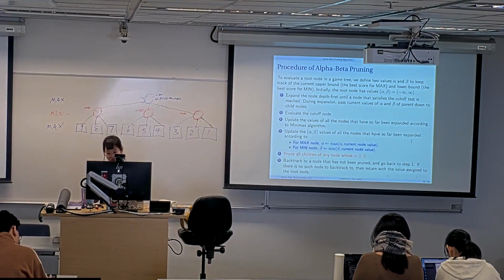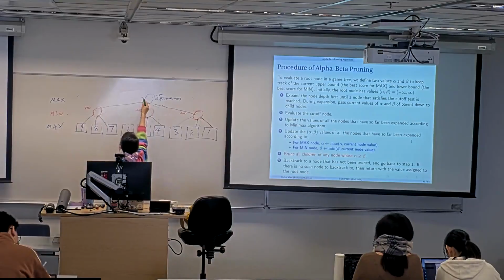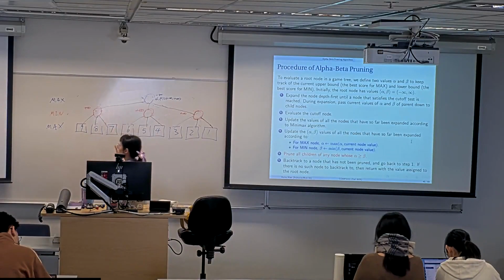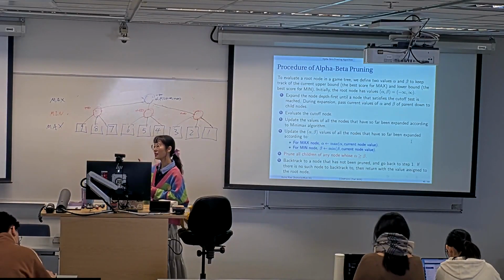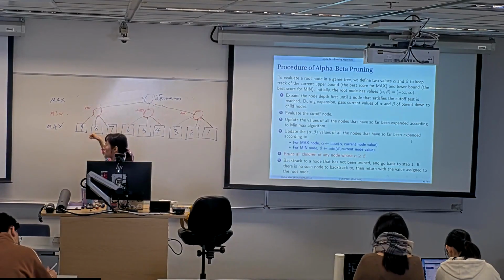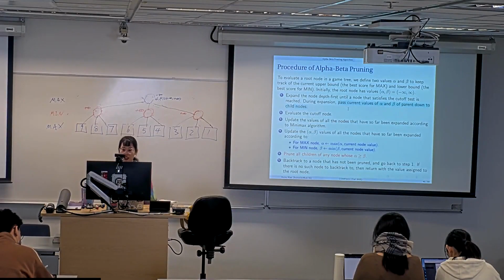Okay, we finished all the initializations, and then we can do the depth first search, starting from the root node and going to the first child. Whenever we do this depth first search expansion, don't forget the new step in alpha beta pruning: we need to pass the current values of alpha and beta down to the child nodes.